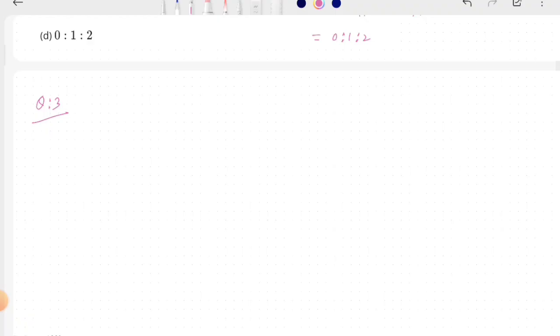Suppose there is a rectangle, okay, suppose a square, not a rectangle.